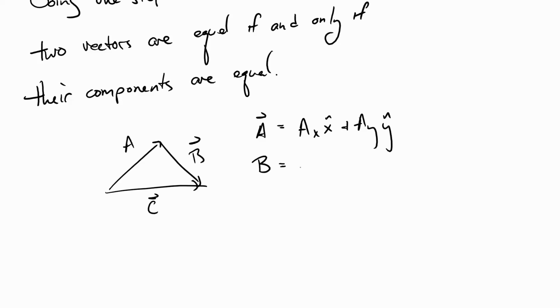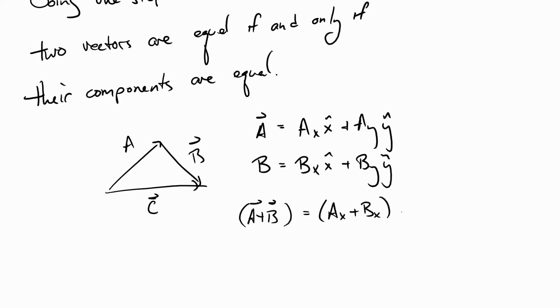B equals BX, X hat, plus BY, Y hat. If I add these things up, I would see that A plus B looks like AX plus BX, X hat, plus AY plus BY, Y hat.